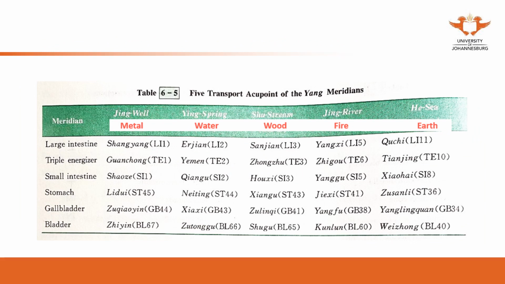The Jing well point of the yang meridian is metal. But when you start from the metal, the order is still the same. It's still the wood, the fire, the earth, and then the metal and water. So if you start with the metal, it is metal, water, wood, fire, and earth.